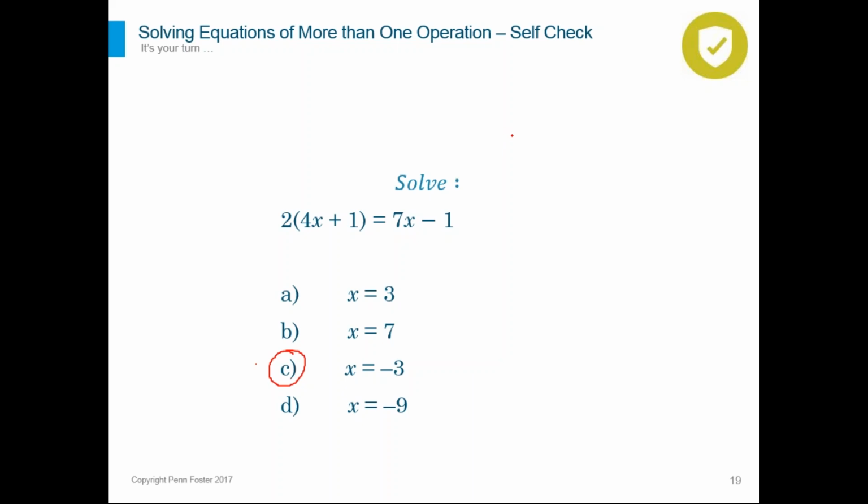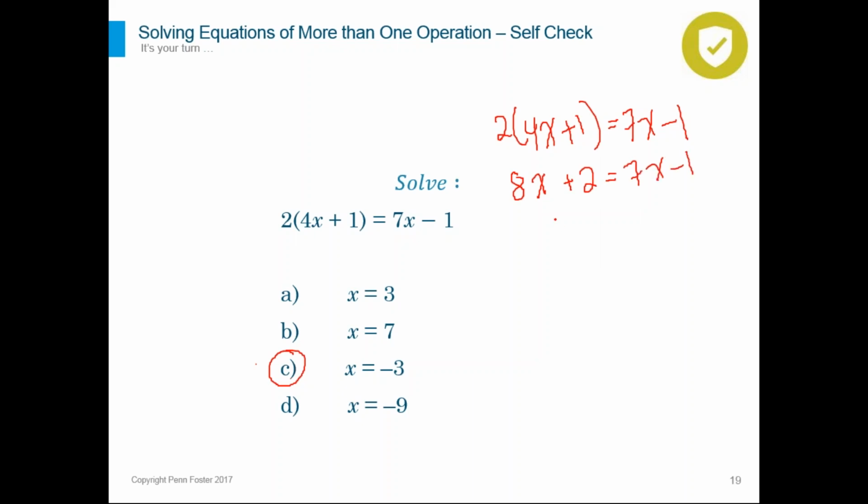I'm going to rewrite the question here, so I have much space to do that. So it's 2 times 4x plus 1. I'm just rewriting the same question so I'm able to see clearly. So 2 times 4 is 8x. 2 times 1 is 2, equals 7x minus 1.